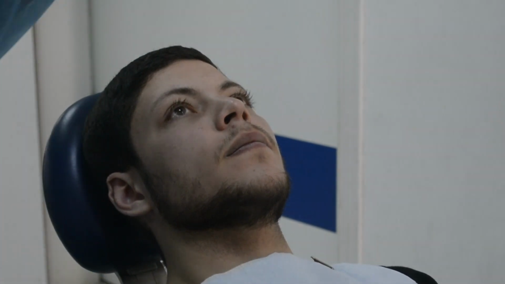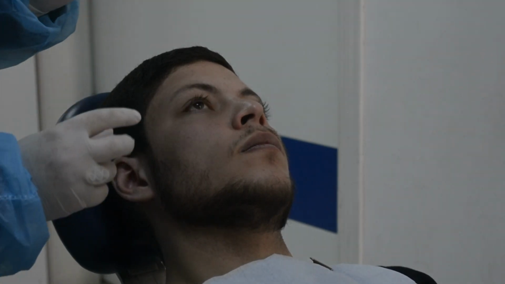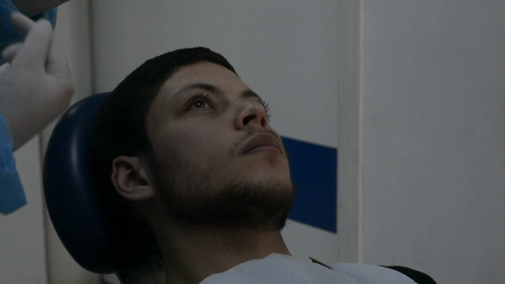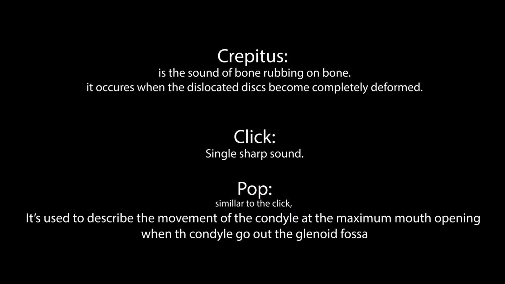If we have a stethoscope, we can do the auscultation examination. We can put the stethoscope on the TMJ, and then we listen to the clicks or pop or crepitus. And we should differentiate between these 3 sounds. Crepitus is like 2 rough surfaces causing friction over each other.